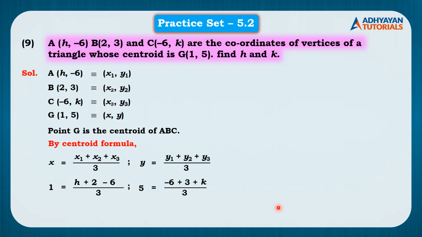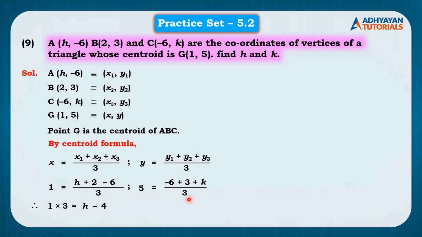Now same thing, cross multiplication, 3 will be multiplied with 1. So 1 into 3 is equal to h plus 2 minus 6, plus minus is minus. So 6 minus 2 is 4, sign of the greater number, minus 4.